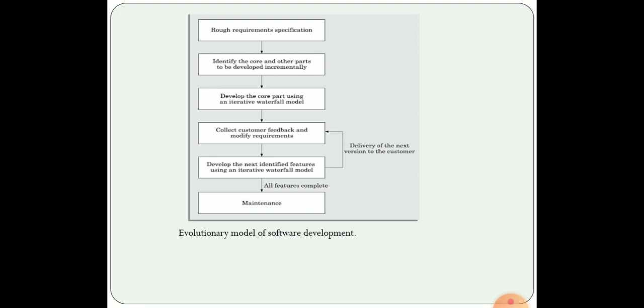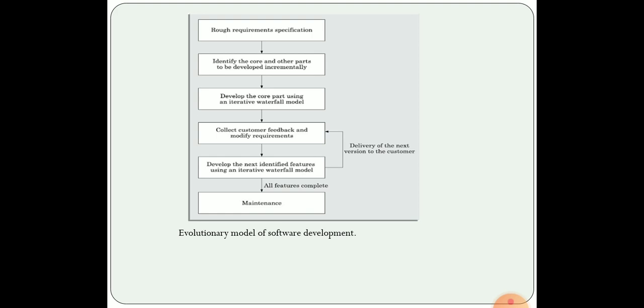As in any software development model, we form a rough requirement specification, but for other models, it should not be a rough specification. It should be a clear requirement specification, and based on the SRS document, the software development process begins.